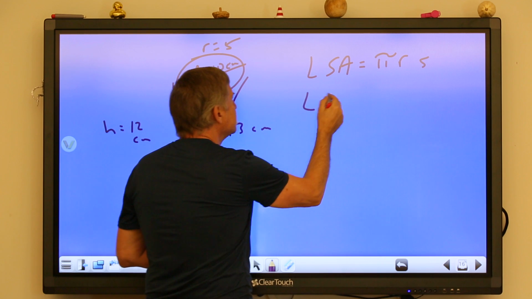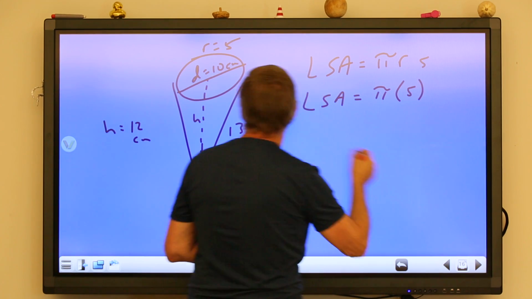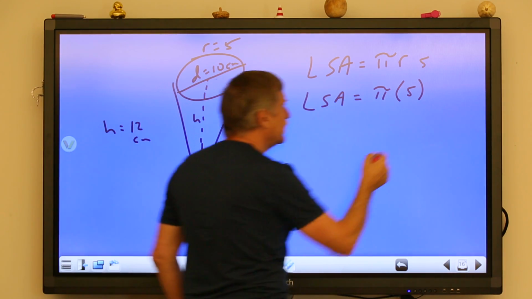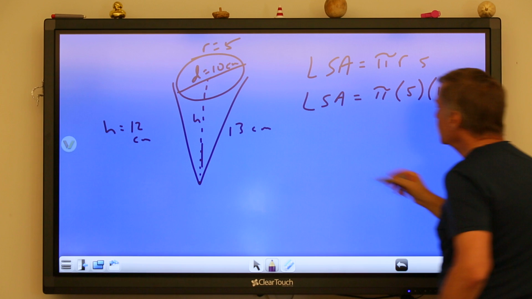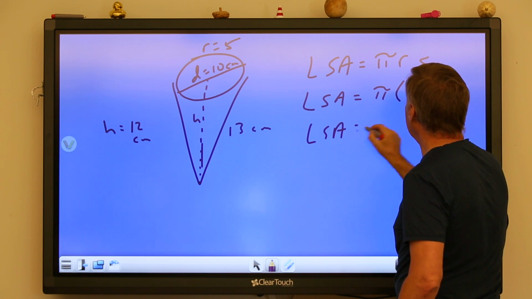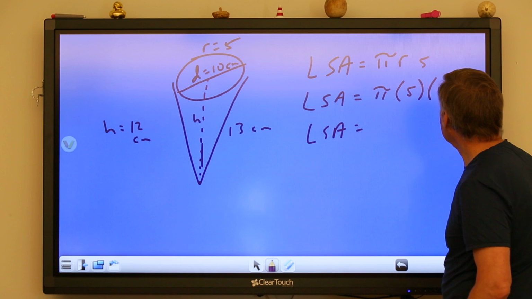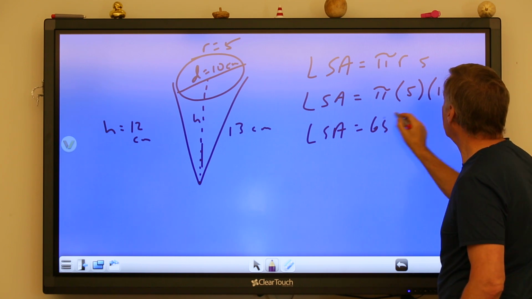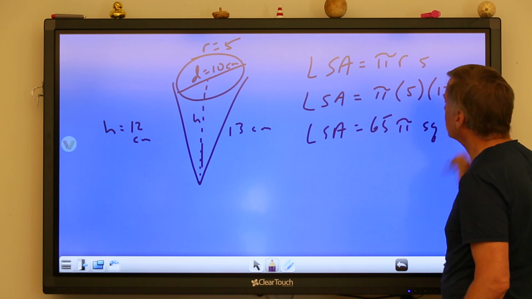So now using substitution, the lateral surface area is pi, 5, and the slant height of 13. So the lateral surface area equals 13 times 5, 65, yeah, 65 pi square centimeters.